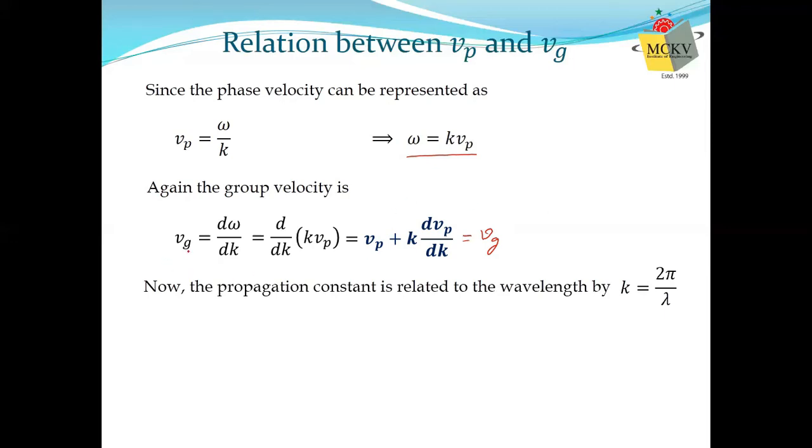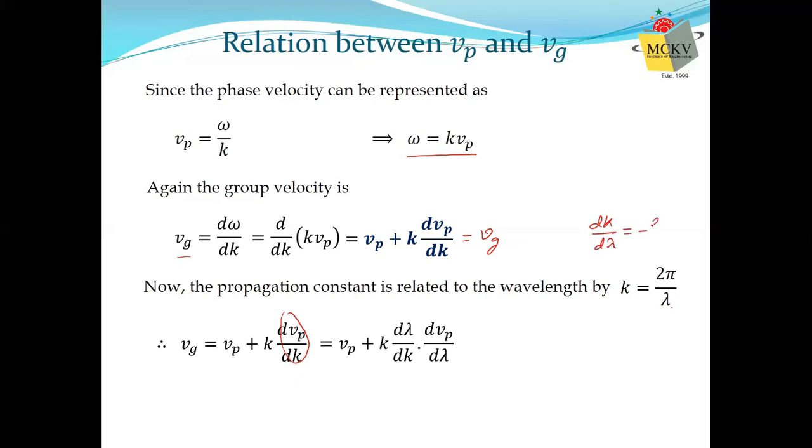Now, we observe here that in the expression of relation between Vg and Vp, Vg equals Vp plus k dVp by dk. We can write it as Vp plus k d lambda by dk times dVp by d lambda. Instead of dVp by dk, we can write d lambda by dk times dVp by d lambda. Now, since k is inversely proportional to wavelength, we can find dk by d lambda as minus 2 pi by lambda square.